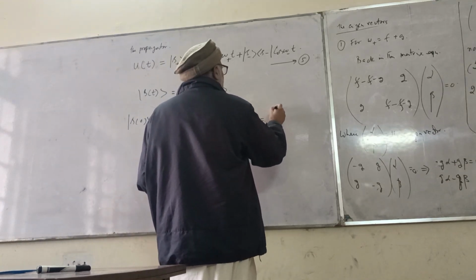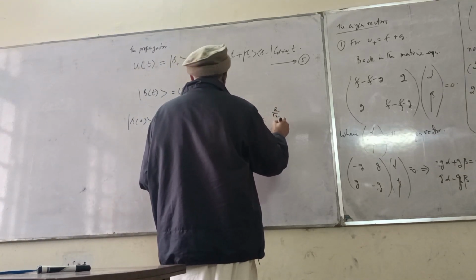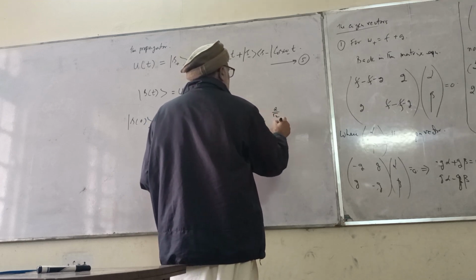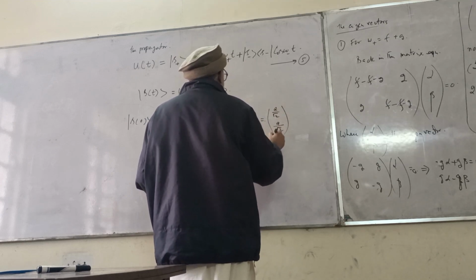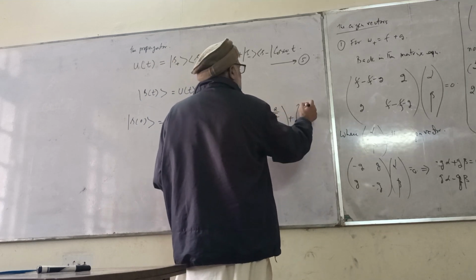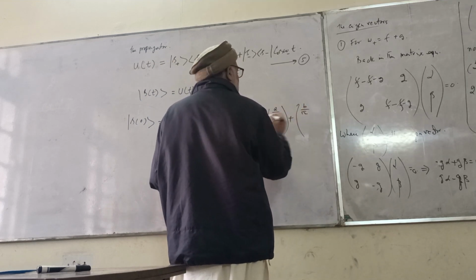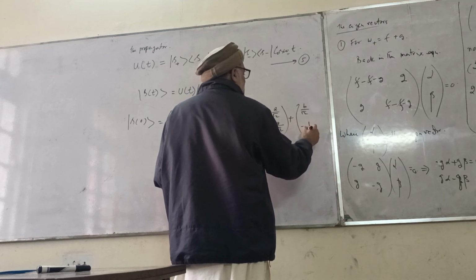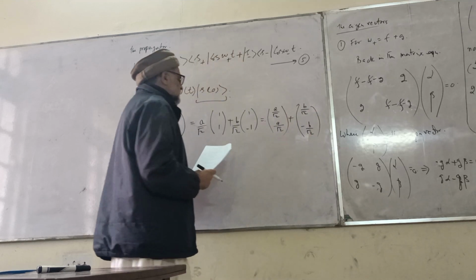That will be like A divided by 2 square root, and here A divided by 2 square root, and plus B divided by 2 square root, and minus B divided by 2 square root.